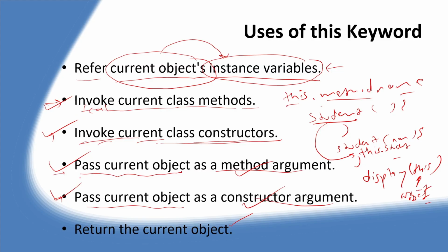If you think you have missed some points or you are still not clear, just watch this video again so that you will have a better understanding of this keyword: how we are using it, how we are passing, how we are returning, how we are calling the current class constructor, how we are calling the current class method, how we are passing the current object, how we are returning the current object. So I have shown you all the examples.